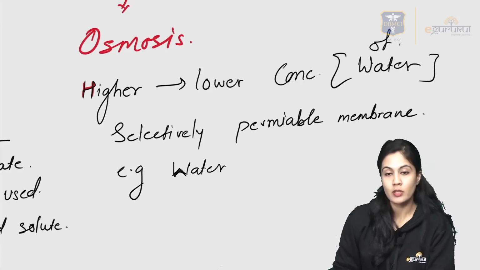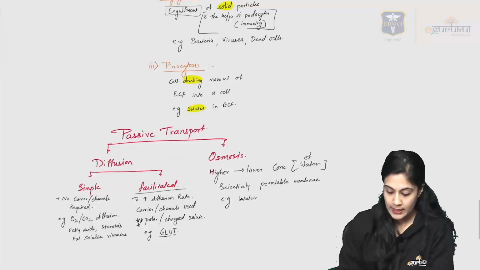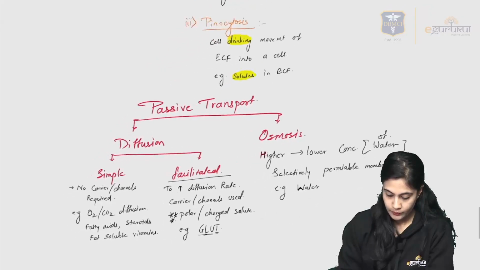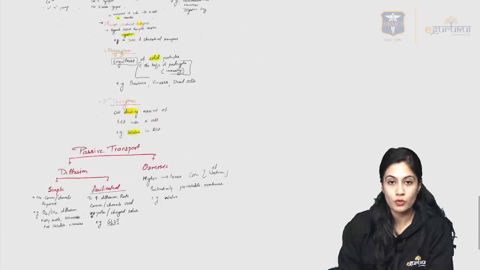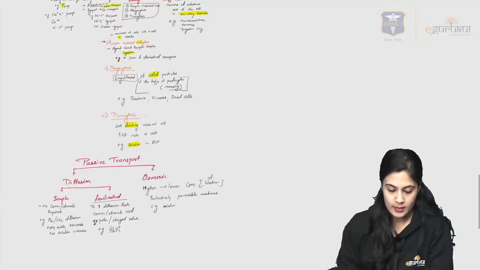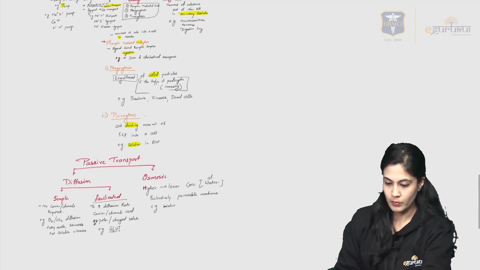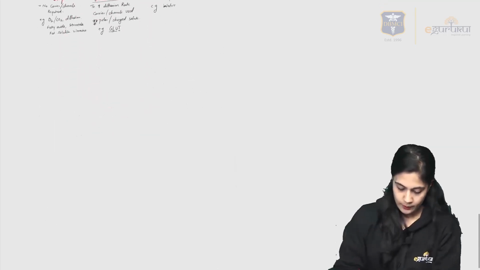Osmosis majorly happens regarding water. So this is about passive transport. So this is the whole note on transport across the cell membrane.